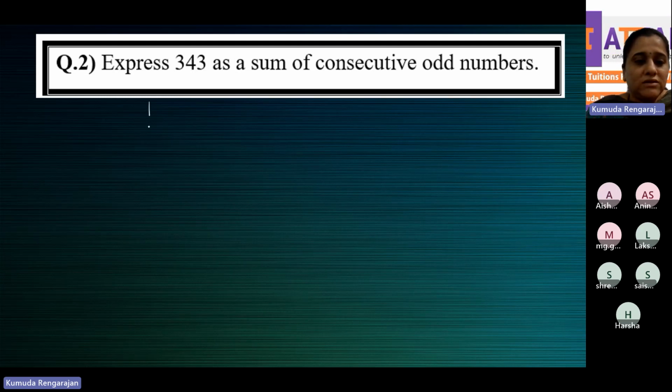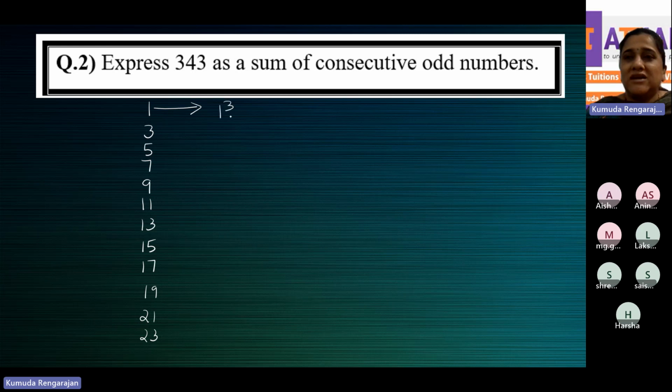See the odd numbers 1, 3, 5, 7, 9, 11, 13, 15, 17, 19, 21, 23. Now take the first number. That is nothing but 1, the result of 1 cubed.